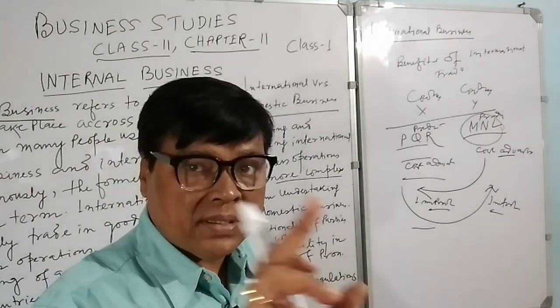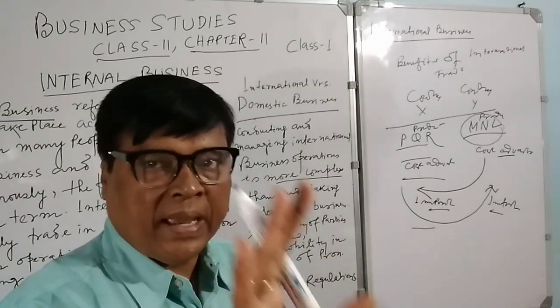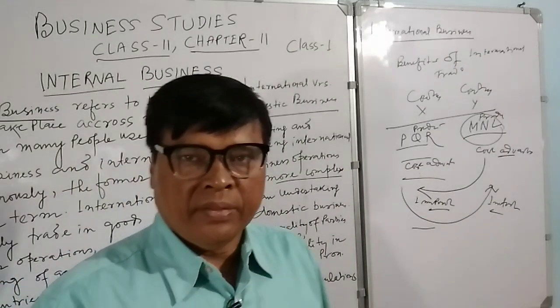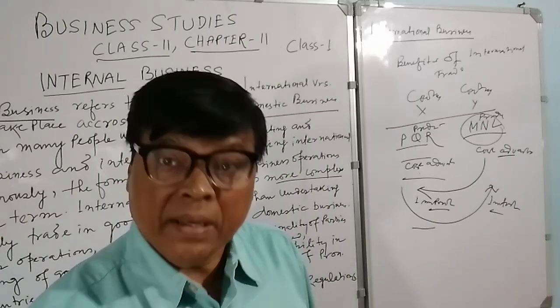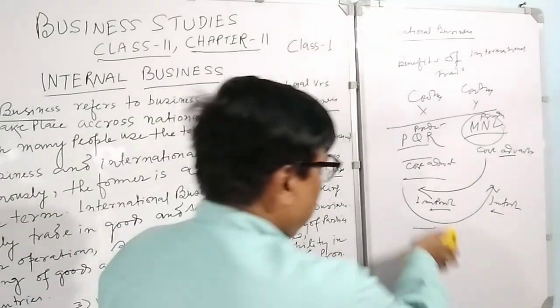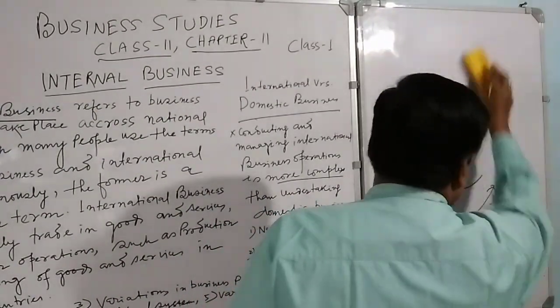So if the countries can redistribute their resources accordingly, then all the countries within the group will benefit. You understand that? So these are the concepts of your international business.